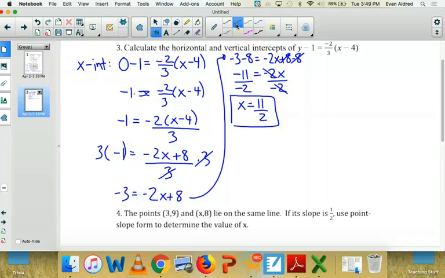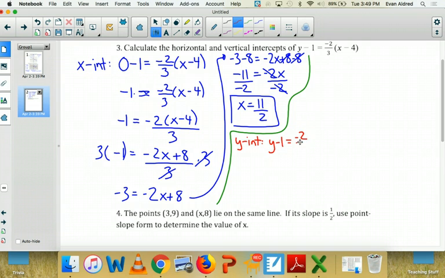So that's the x-intercept, and now, since I'm going to be short for room, I'll block that off with green, and we'll look at the y-intercept. Well, if the x-intercept occurs when y equals 0, the y-intercept, of course, occurs when x equals 0. So I'll go back to my equation, and where I see an x, I'm going to plug in a 0.